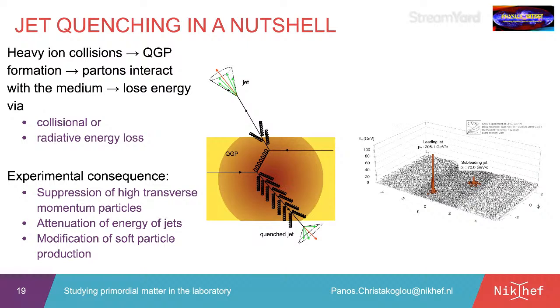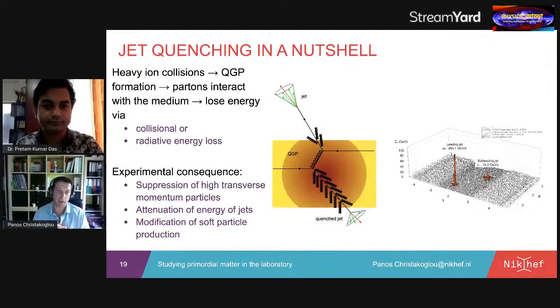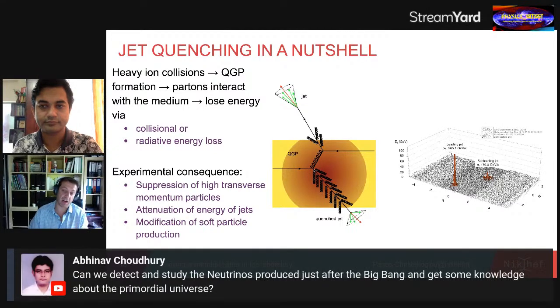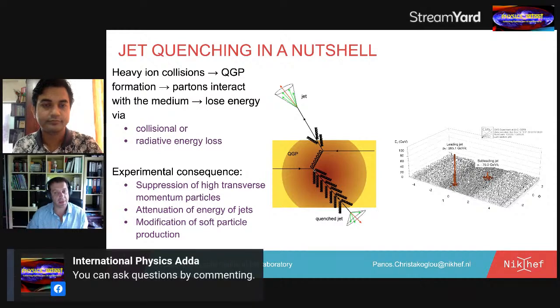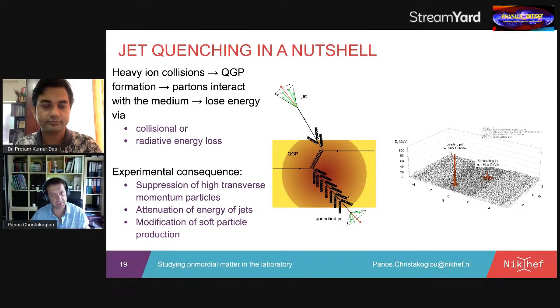It will fragment, create hadrons, and these hadrons will form again a spray of hadrons, which we call a jet. On the other hand, in the back-to-back topology, because of energy and momentum conservation, the other parton, which is formed from this high momentum transfer process, has to traverse a by far larger area of quark-gluon plasma, and thus it will emit more gluons, it will radiate more, it will lose energy.